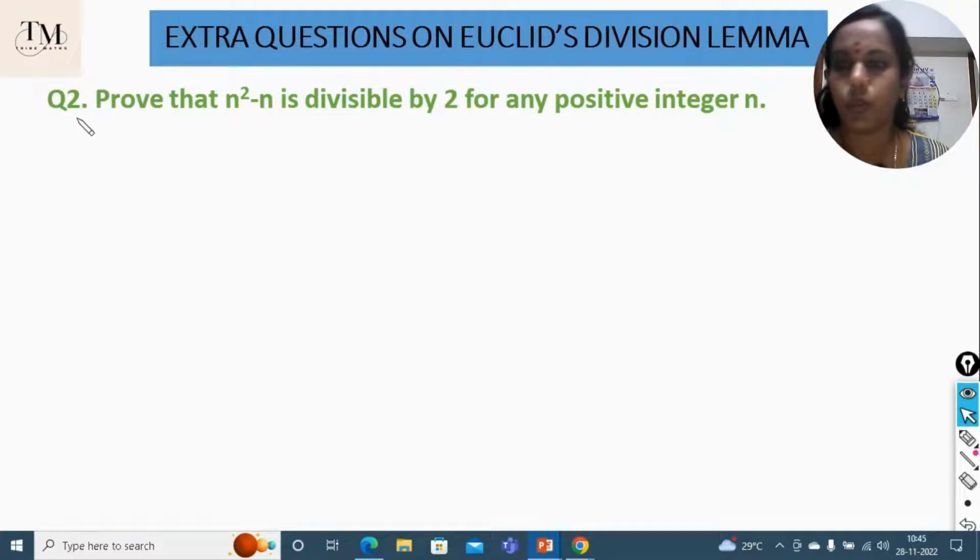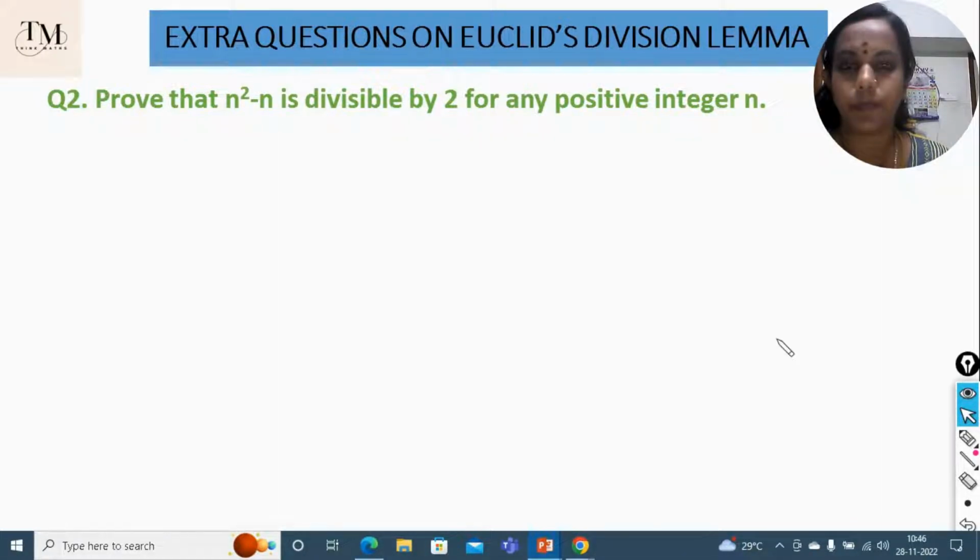Question number 2. Prove that n square minus n is divisible by 2 for any positive integer n. We have to take a positive integer n and b equal to 2, apply Euclid's division lemma, and find out whether n square minus n is divisible by 2.